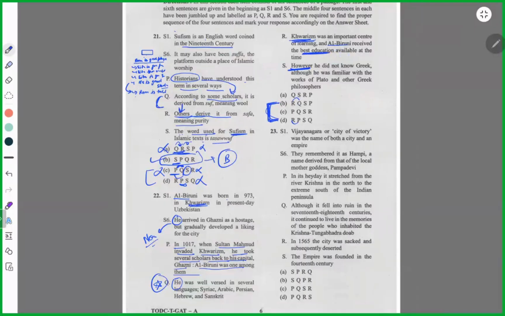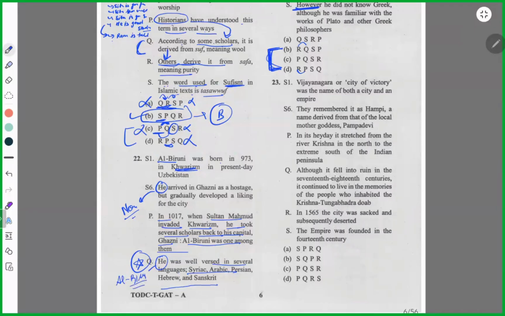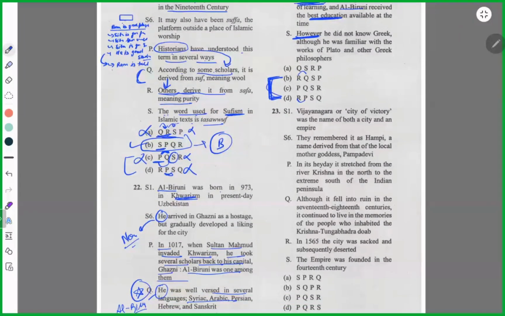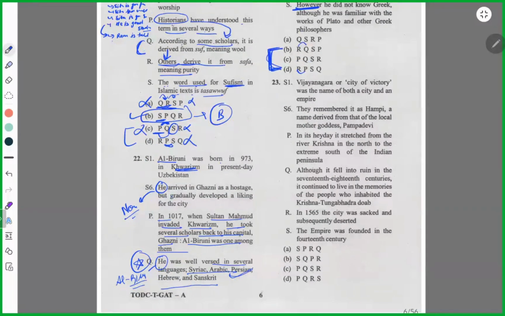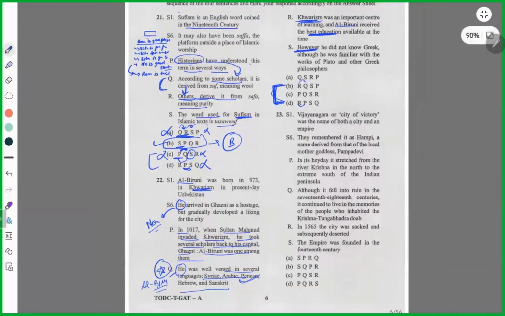If he got the best education, then definitely he will be well versed in languages. So this he is for Al-Biruni. It proves it is not for Sultan Mahmud, because he is not taking any kind of education. Education is related to Al-Biruni, so definitely he will be well versed in the language. So yes, it is for Al-Biruni. Again, confirmation. Let's move forward.